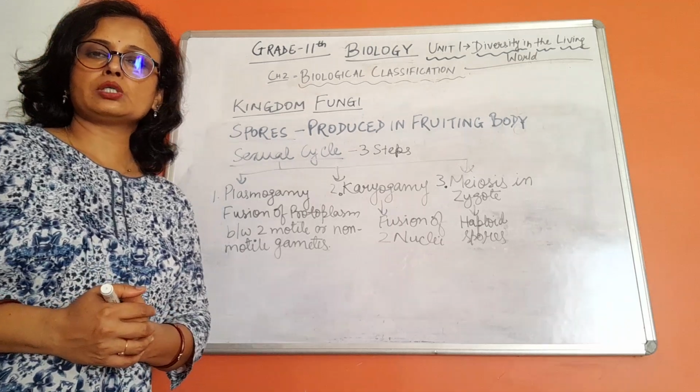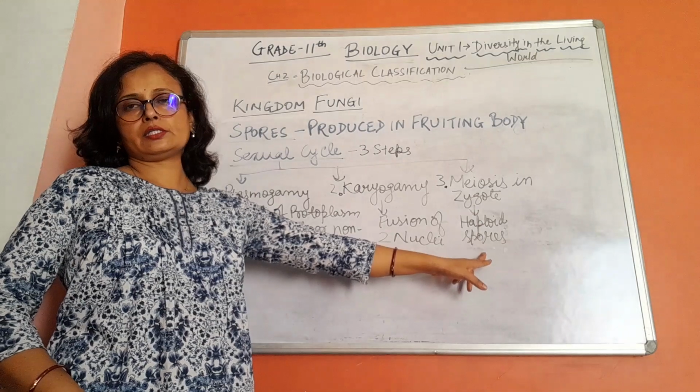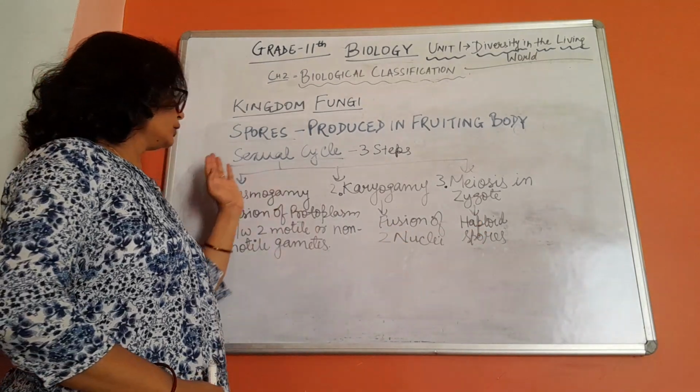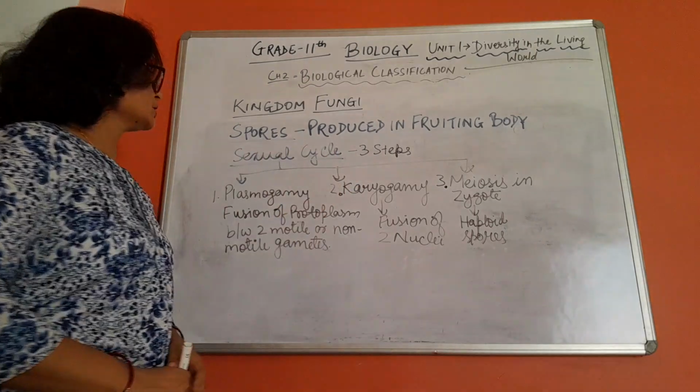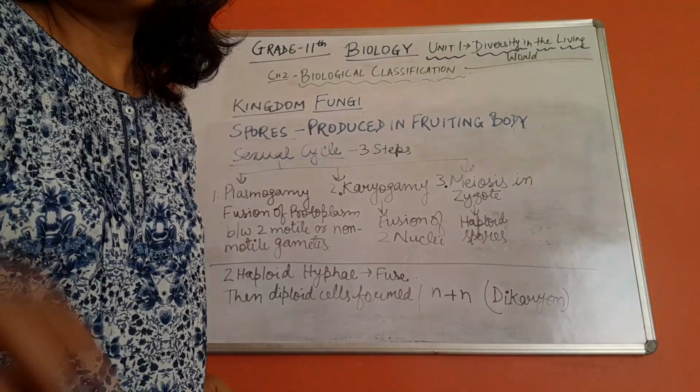That means the chromosome number becomes half in the third step, that is haploid spores. So in that way there are 3 steps in the sexual reproduction cycle of fungi.